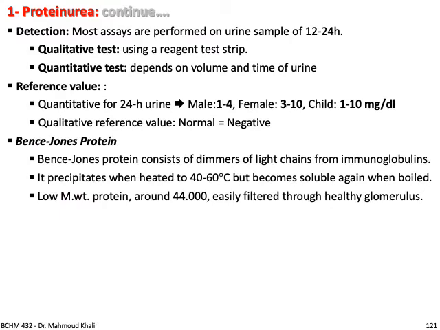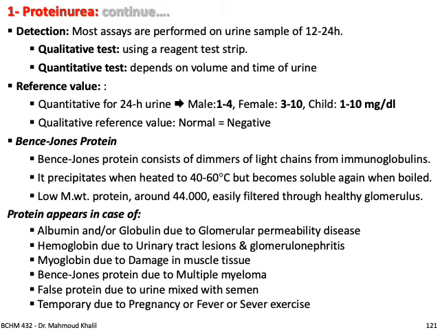Bence Jones protein consists of dimers of light chains from immunoglobulins. It precipitates when heated to around 60 degrees centigrade, but becomes soluble again when boiled. These are low molecular weight proteins, around 44,000 Dalton, easily filtered through a healthy glomerulus.